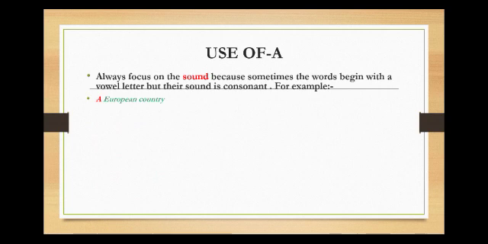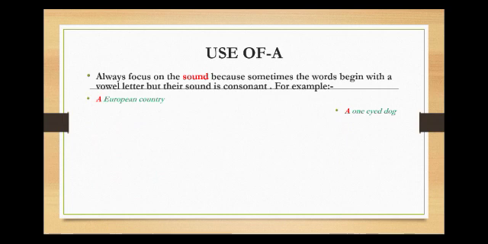Now look at the next example. A one-eyed dog. Over here, the spelling of one is O-N-E, one. Again, it is starting with a vowel letter, but the sound is consonant, w.